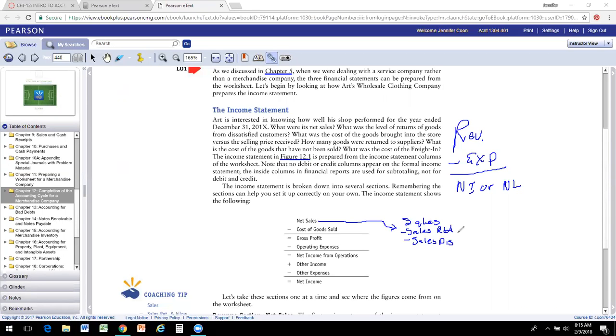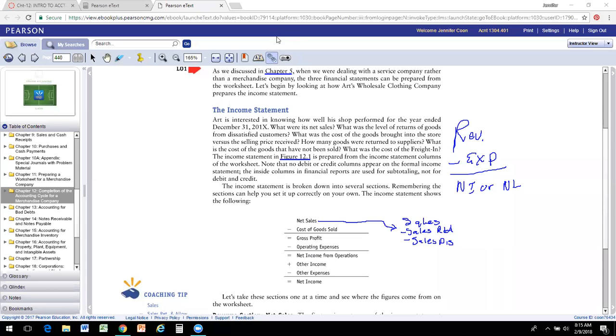Then we come in, we're going to subtract our cost of goods sold, and it gives us what is called gross profit. So we had this a little bit last chapter, and then we subtract out our operating expenses, and that gives us net income from operations.